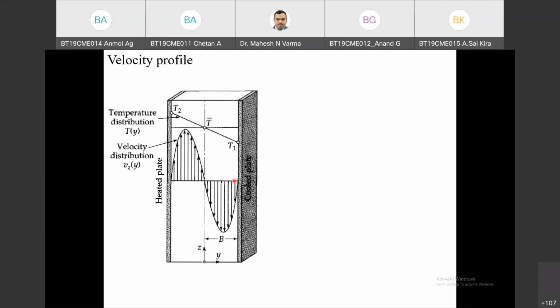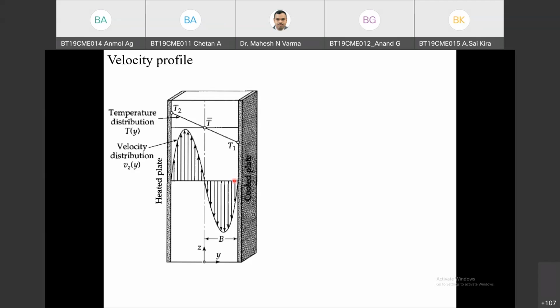Why can we neglect variation in the Z direction? End effects are neglected. Okay, end effects are neglected. Why are we neglecting a variation of Vz velocity in the X direction?